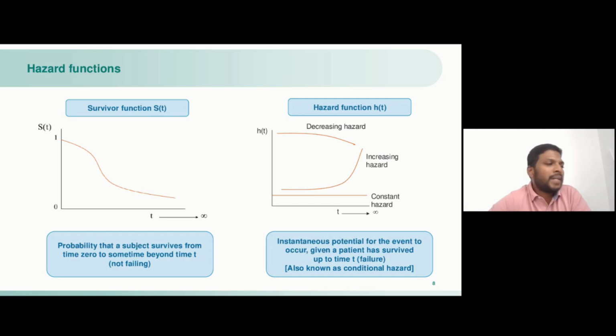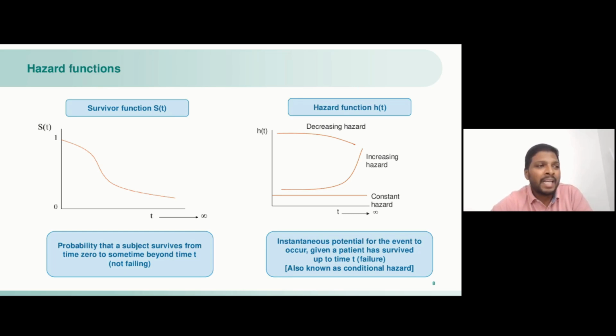In this slide, we will be discussing the hazard function in comparison to the survival function. As mentioned in the last slide, the survival function focuses on the probability of not experiencing the event of interest, while the hazard function focuses on the occurrence of the event.